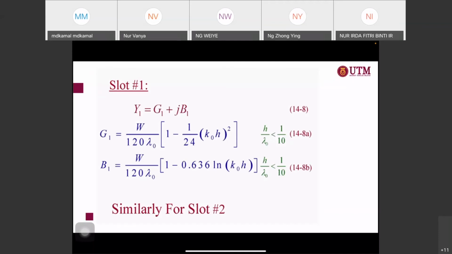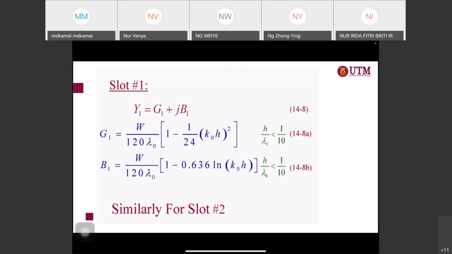So as you can see, we model the slot as G1 plus jB1, where G1 is represented by this. You can refer to the Balanis book, and B1 is represented as well. W is the width of the patch. Lambda naught is your operating wavelength. K naught is actually 2 pi over lambda. H is your dielectric substrate thickness.